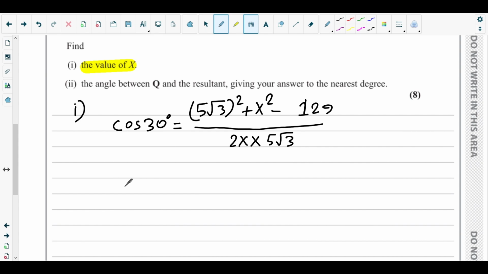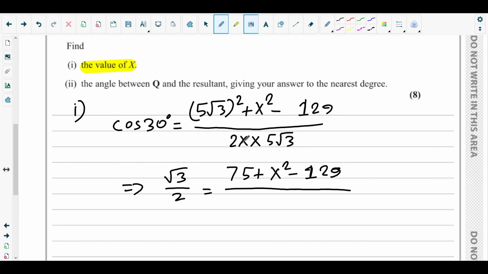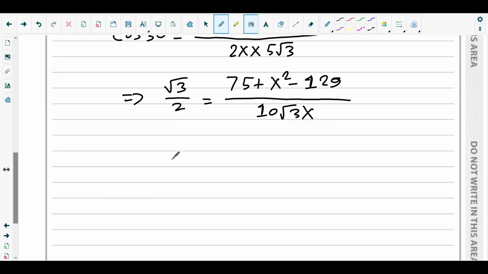Now cos 30 degrees is basically square root of 3 over 2. This equals 5 square root of 3 whole squared, which is 25 times 3, that is 75, plus x squared minus 129, over twice of x times 5 square root of 3, which gives 10 square root of 3 x.